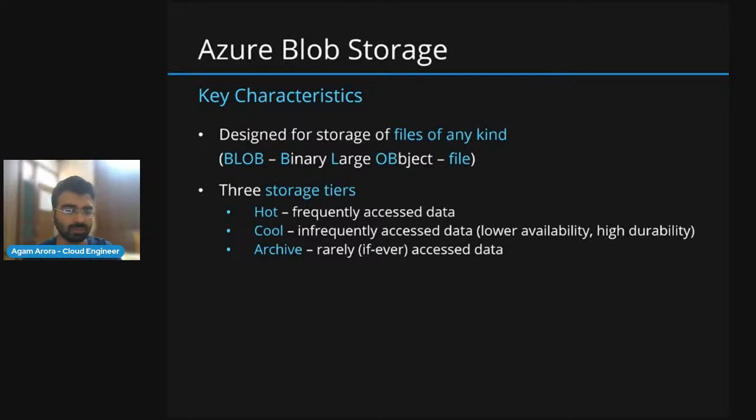If a company has a lot of images and videos that are frequently accessed, like Netflix with, let's say, the top 10 trending movies, they are going to put those in the hot storage tier because they are currently being accessed at a very high rate.